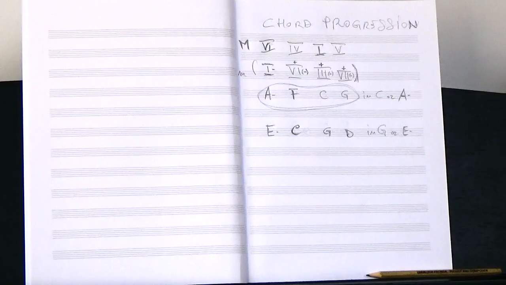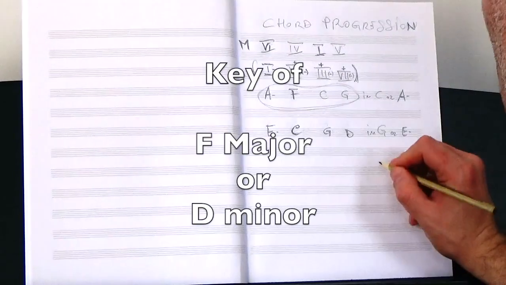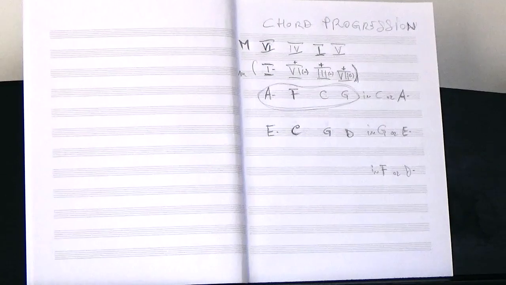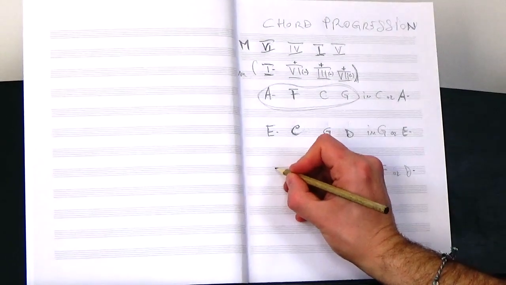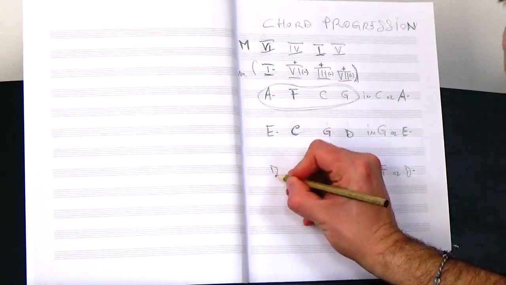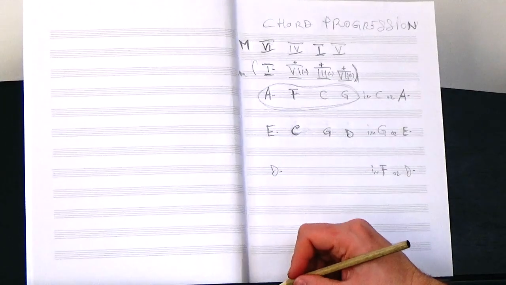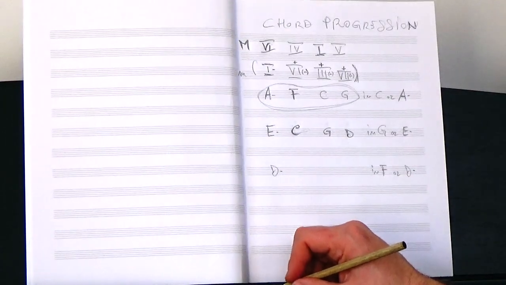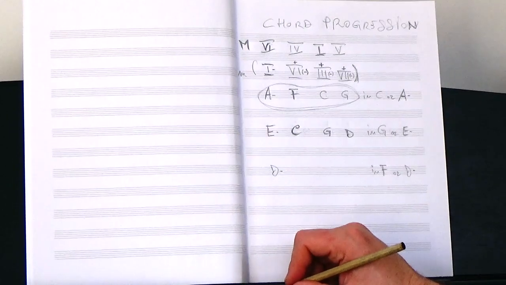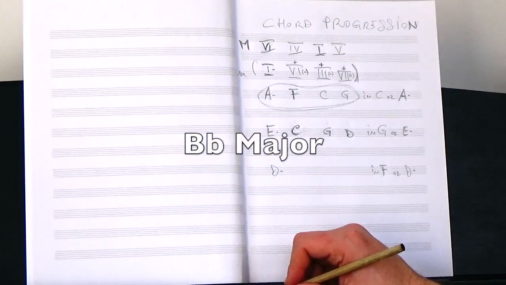And what if we want to write them in the key of F or D minor? They would be the sixth, or first of D minor, which is obviously D minor. Then the fourth of F major or sixth of D minor would indeed be B flat.